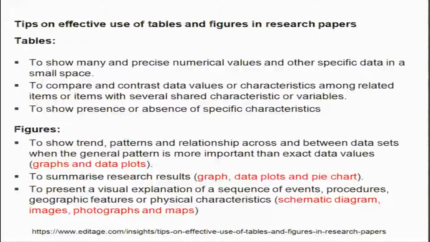So how do you arrive at the summary of the data? This is where you make line diagrams, bar diagrams, flow charts, and many other such things that would represent the pattern that you have got, the trend that you have got. To show the trend, patterns, and relationships across and between data sets, the general pattern is more important than the exact value. There may be a deviation day to day, but certainly there is a trend, right?